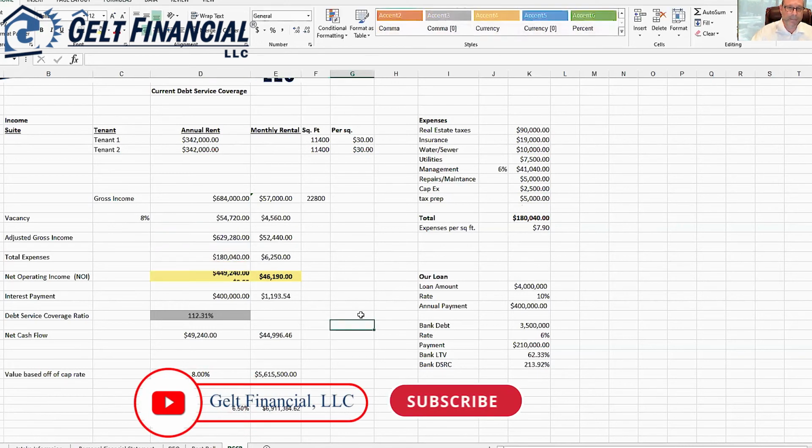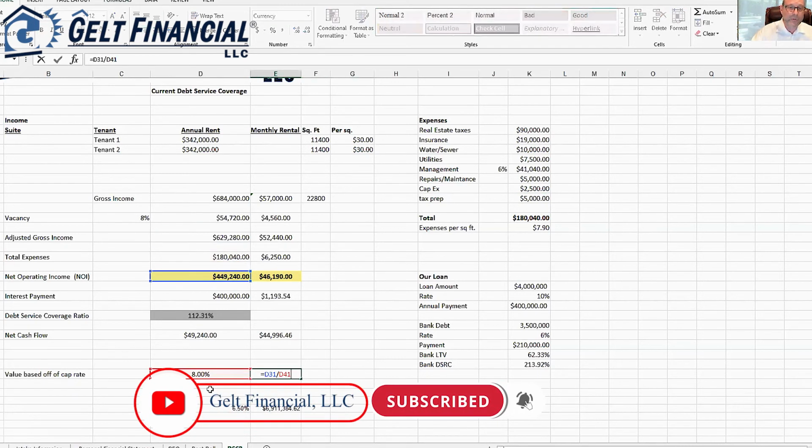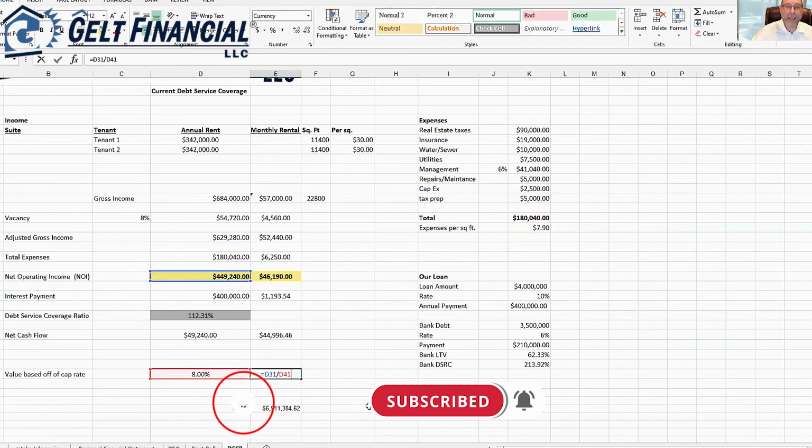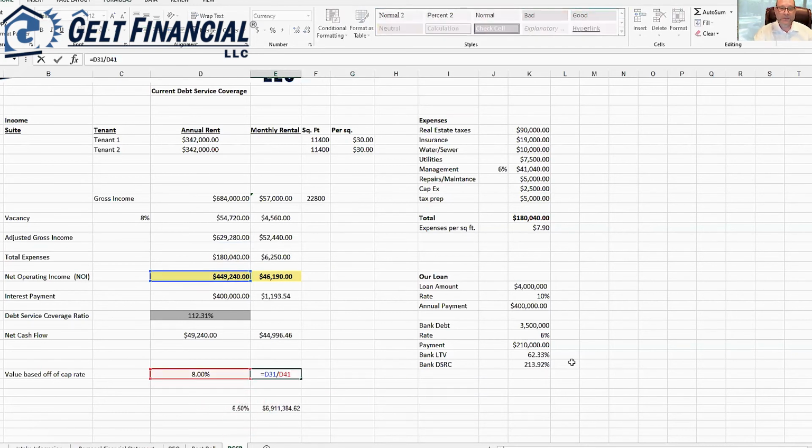So let me give you an example. Let's base this just on this. You see this 449 income. I'm using an 8% cap rate, which imputes a value of 5.6 million. So all we did was divide the NOI, and make sure the NOI is accurate. I say it again, make sure it's accurate, because you can fudge numbers by burying things in there.